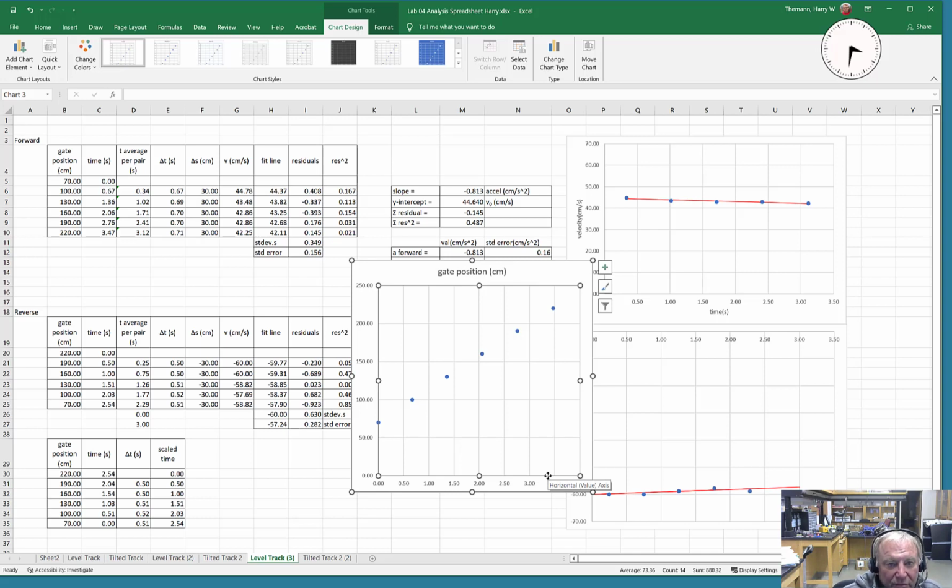And if we want to get velocity, we're going to pick pairs of points. And we're going to get, if we do the delta S over delta T, that's the definition of average velocity. And so that basically is the value in the middle here. So we need the value of the middle in time.